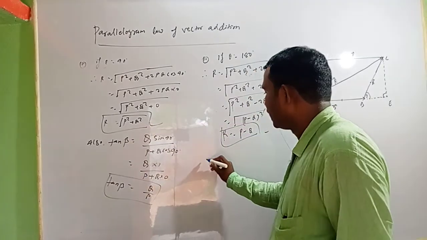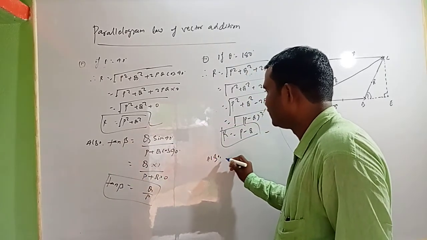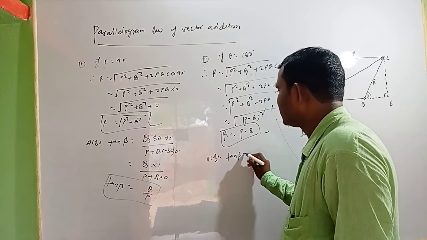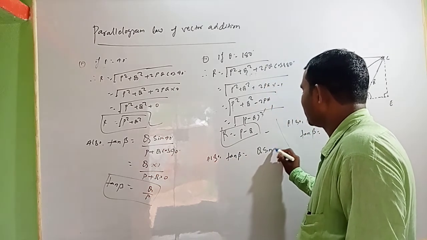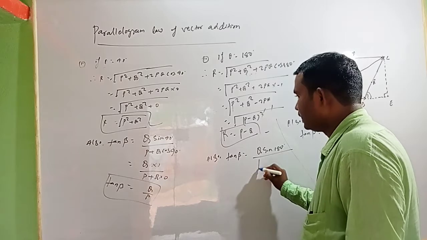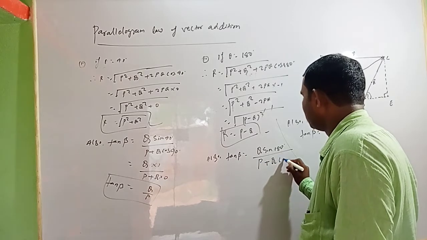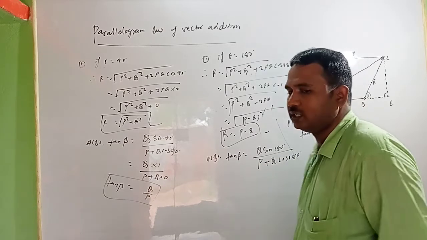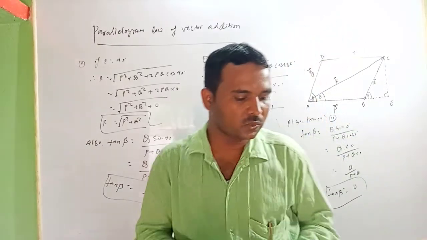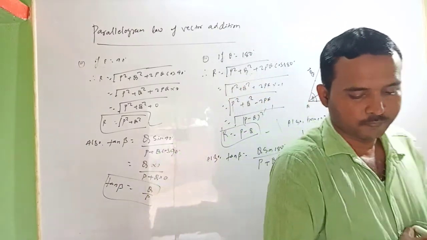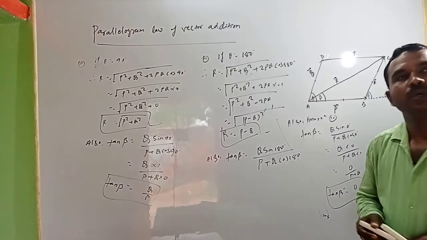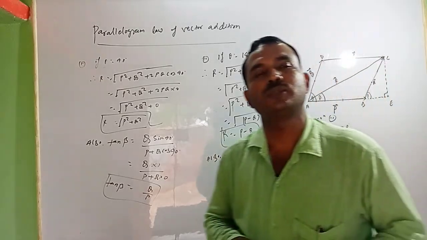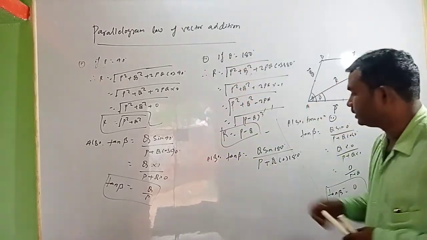Now, one more formula is there, in tan. What will you write? Tan beta is equal to q sine 180 divided by p plus q cos 180. I think you can solve it yourself. If you solve it, you have to put the value of sine 180.